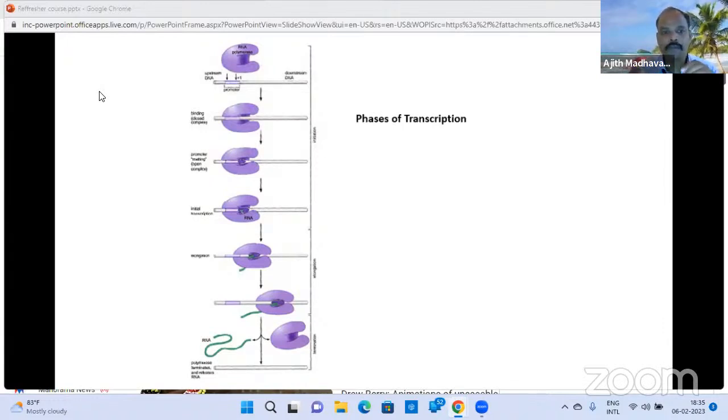As it is moving, it adds 1 nucleotide at a time and connects them together by phosphodiester bonds. So the process is called elongation.